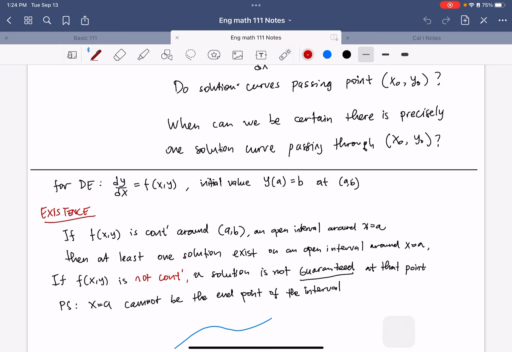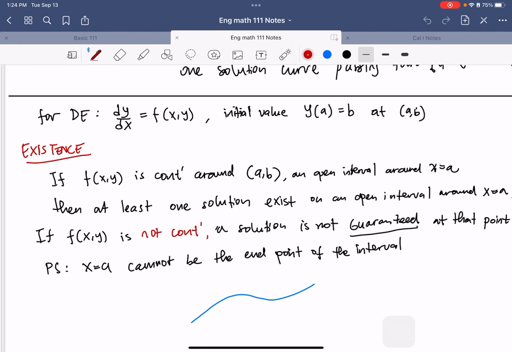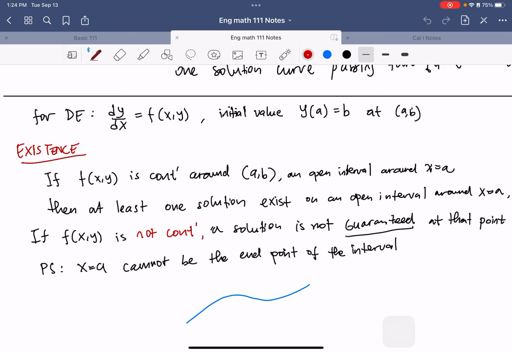Does the solution exist or not? At that point (a, b), existence is related to continuity. I don't want you to memorize all the words here, but the key point for existence is continuity. The solution should be continuous around that point.